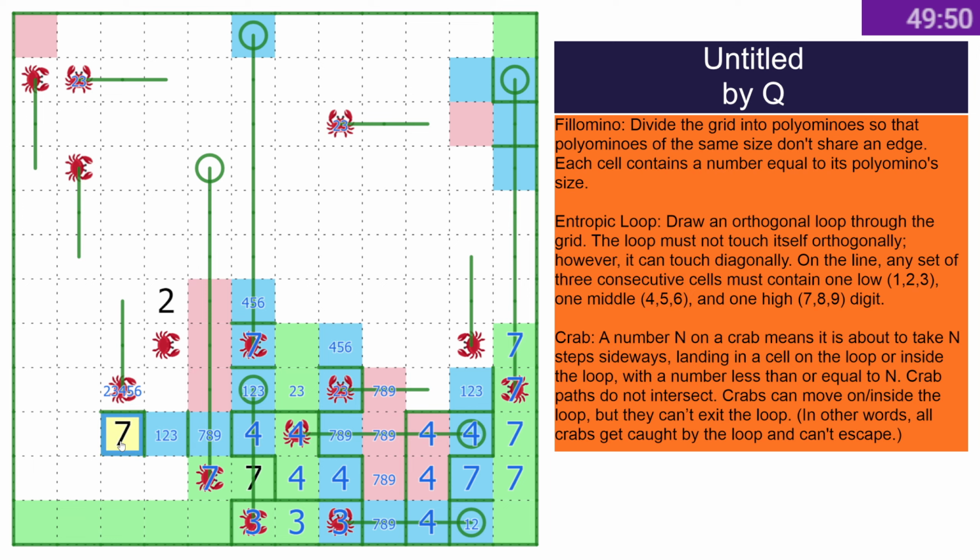Like that cell, I don't know if it's inside loop or outside loop at the moment. Because my point was that I could now highlight all of these as being either blue or pink. Is never green. Because I then wanted to, because I'm saying that this has to turn this way.